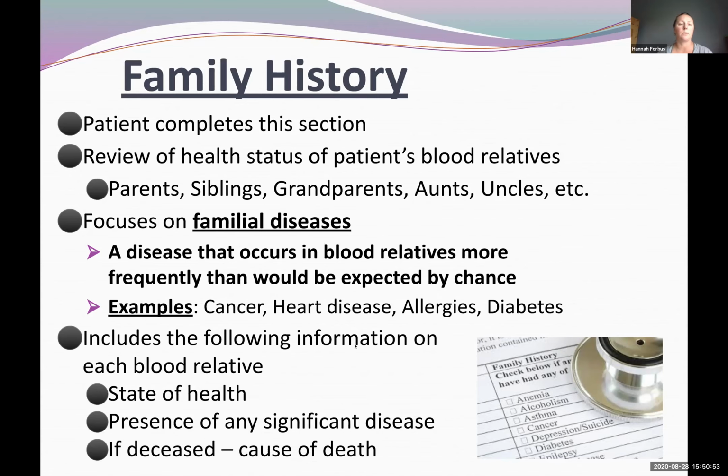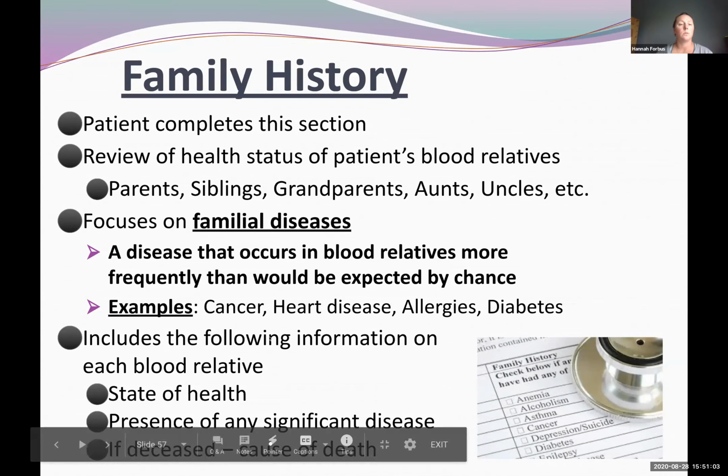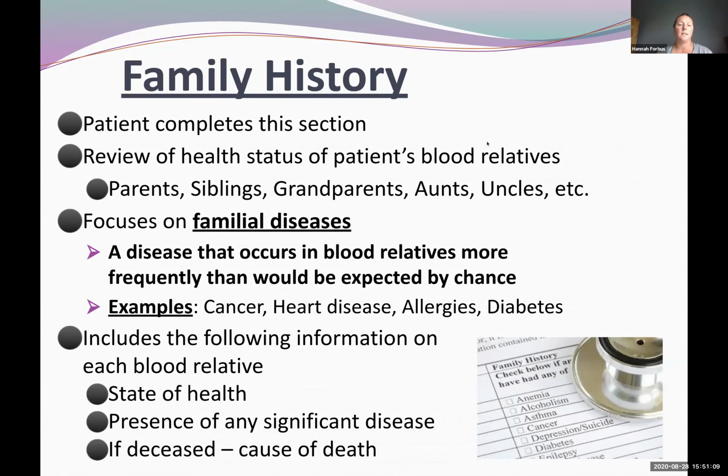So examples of that would be cancer, heart disease, allergies, diabetes. So that's important information to have regarding your patient. Okay, so on each blood relative, it would include the state of their health, the presence of any significant disease, and if deceased, what was the cause of death.